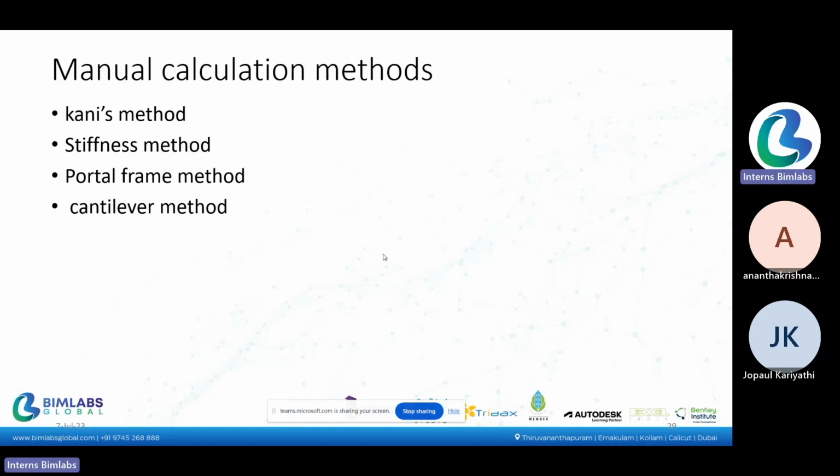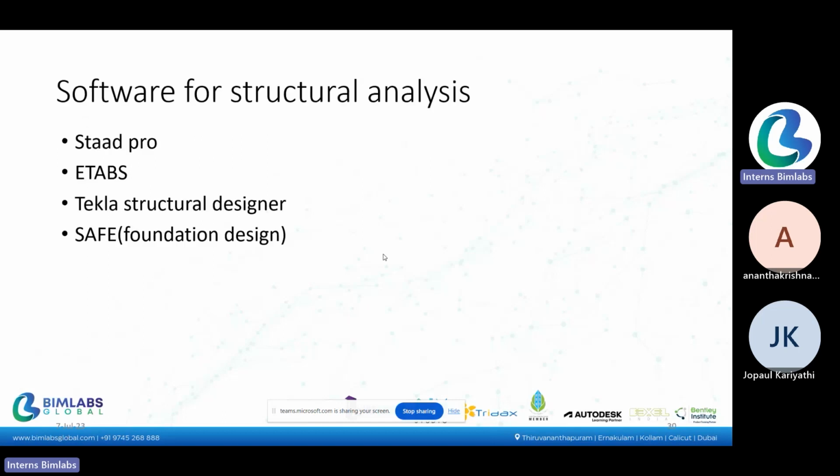Currently we are not using this method. Manual calculation is over, since we are entering this era of computerization. We are in the software field, right? So we use structural analysis software. After we design the beams and columns and provide the plan and elevation, we put the structure model inside a software and check it.